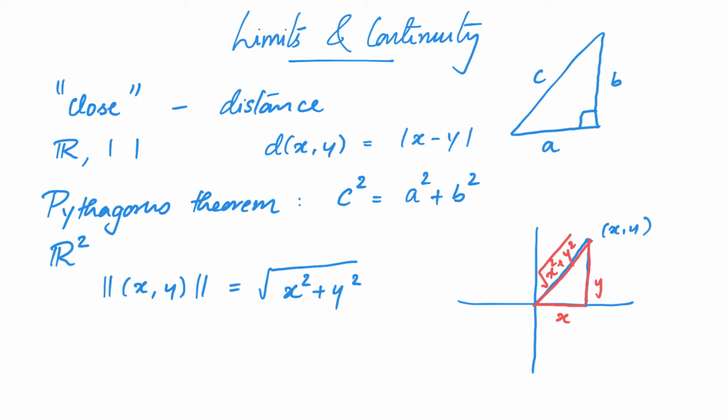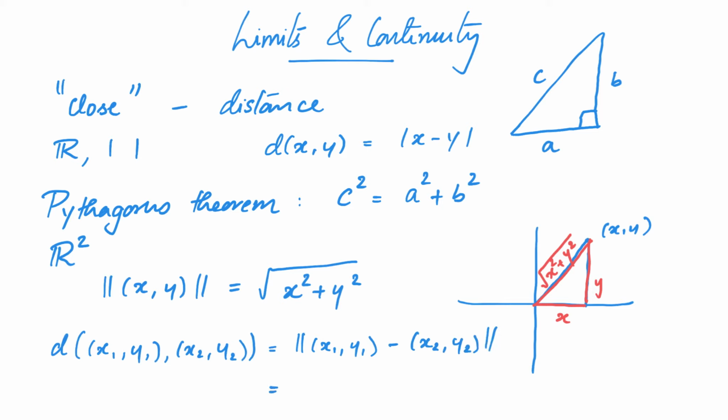This quantity is called the norm of the vector x, y, and it allows us to talk about distance between two points in R2. Let the two points be x1, y1 and x2, y2. Then the distance between these two points is nothing but the norm of x1, y1 minus x2, y2.